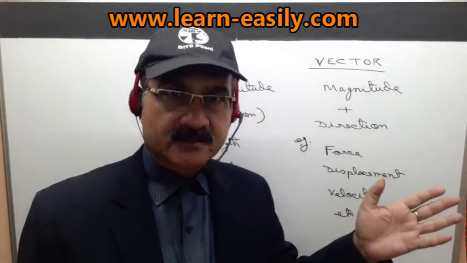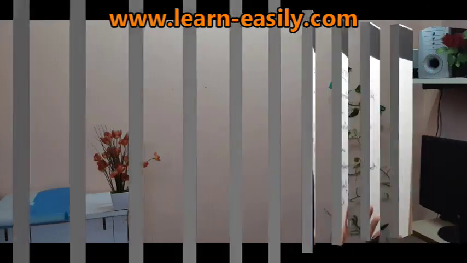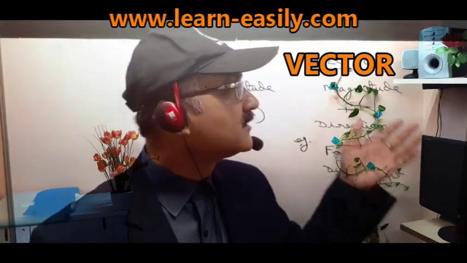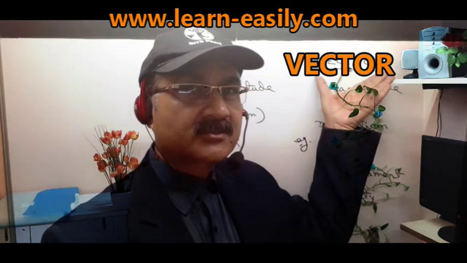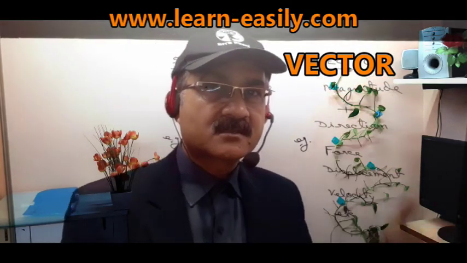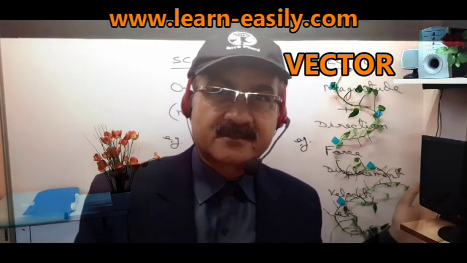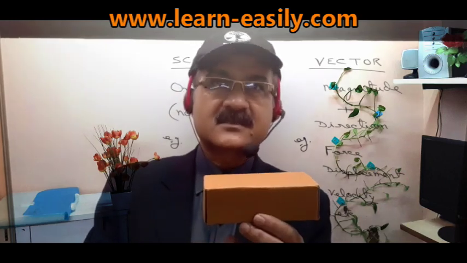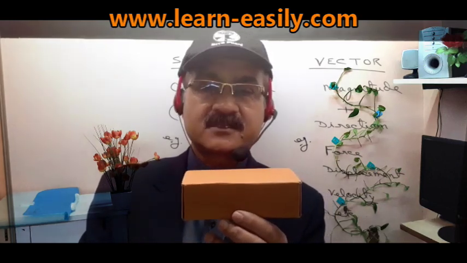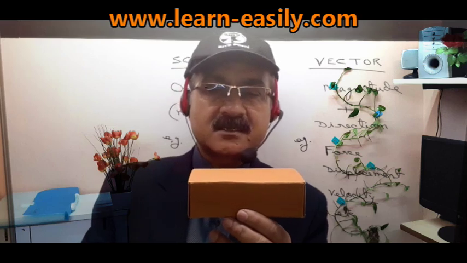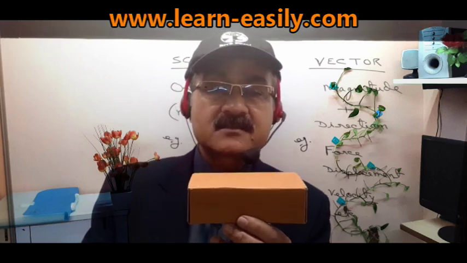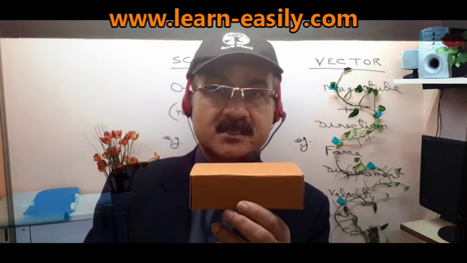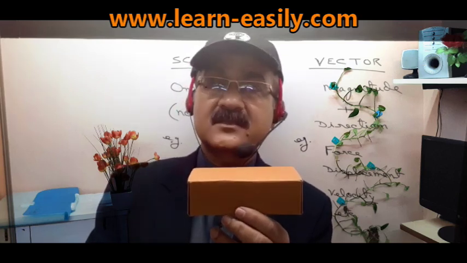It's not very difficult. Now don't get scared that I have to learn a new word, vector, new term, vector quantities. It's becoming very difficult. Actually, it's not very difficult. Just remember this. See, if we have an object like this, and as I told you before, if I simply say I am applying a 10 Newton force on this object, will you understand it completely?